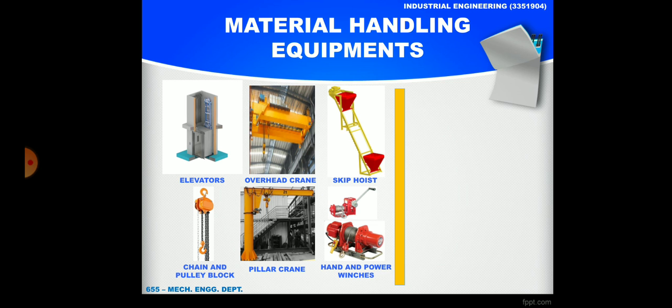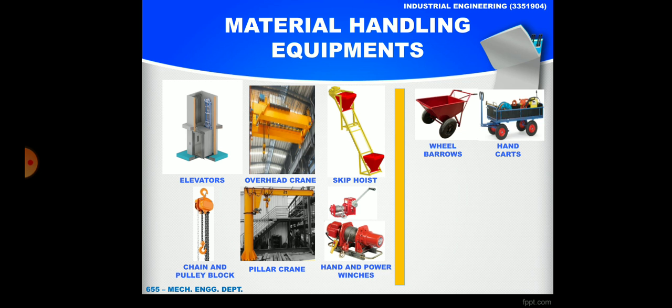Now the equipment to transfer material in horizontal planes. Wheelbarrows, seen in industry for transferring materials or disposing of waste from one place to another. Hand cart for transporting machinery and equipment.